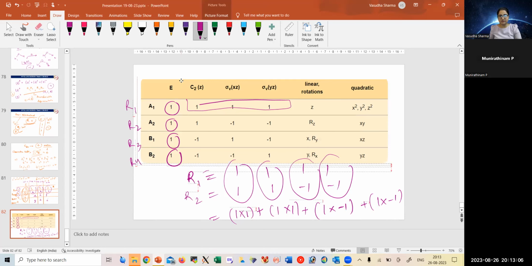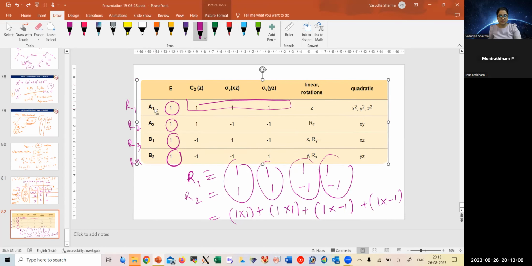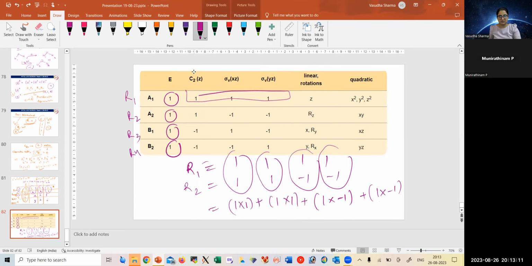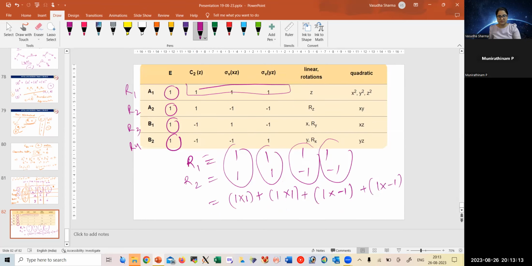And tell me the value, what would be the value of it? So 1 into 1 will give you 1, plus 1 into 1 is 1, then 1 into minus 1 is minus 1, and the next one is also minus 1.